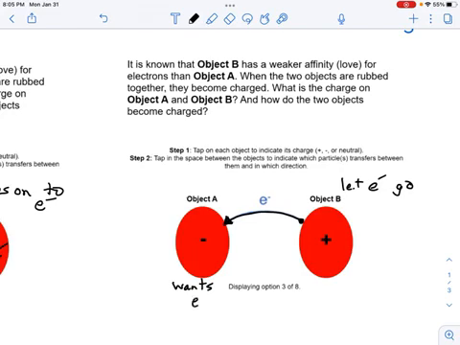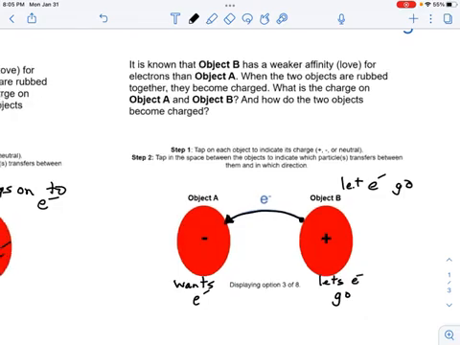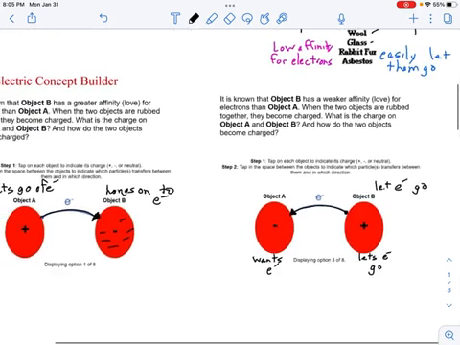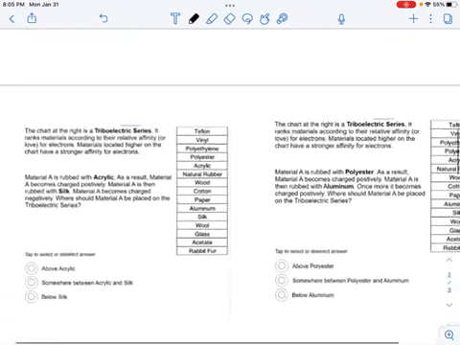So in this case, A wants electrons and B lets electrons go. And so that's just based on those two materials, rubbing them up against one another, that's where the electrons will go. They'll move off of one onto the other based on the relative affinity for electrons.